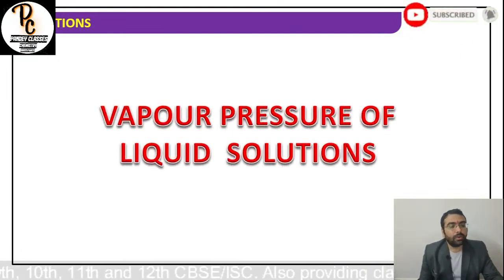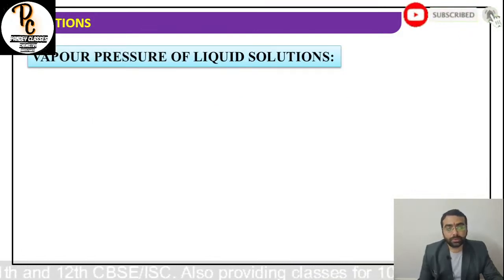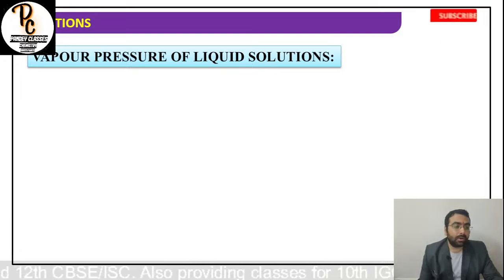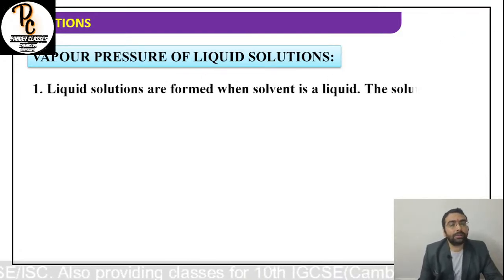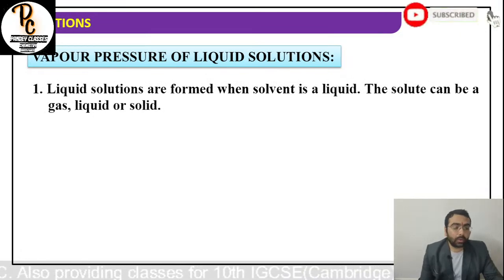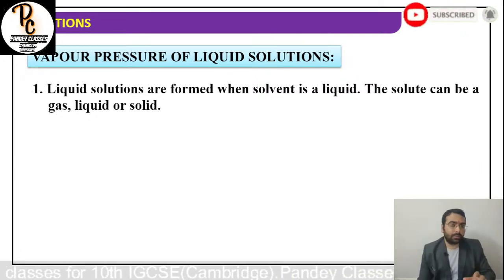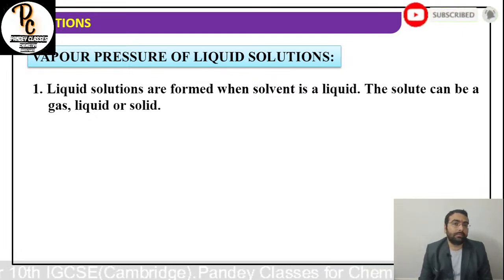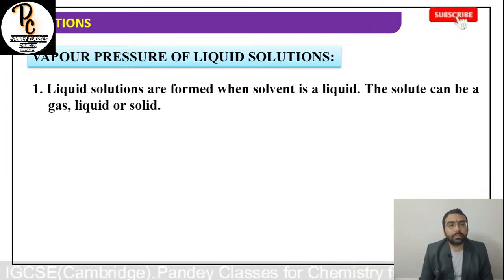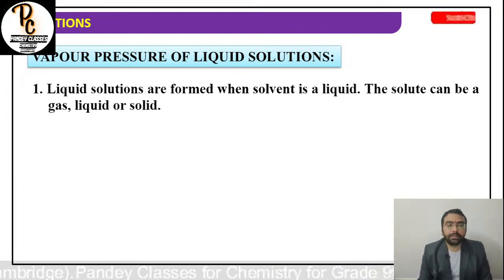Now, vapor pressure of liquid solutions. So here we have to discuss liquid solutions. Liquid solutions are formed when the solvent is a liquid and the solute can be a gas, liquid, or a solid. This we have discussed in lecture 1 only, that the physical state of a solution is decided by the physical state of the solvent.